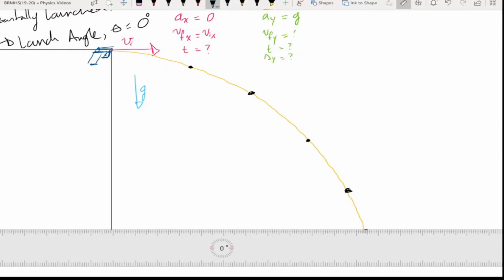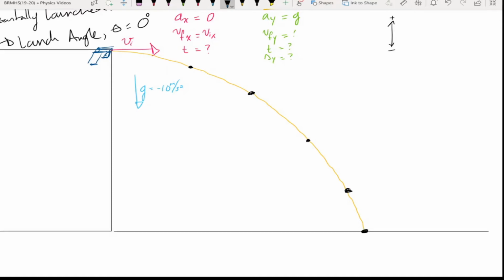And let's call, in this case, up the positive direction and down the negative direction. So that means g is going to be, for our problem solving, minus 10, or 9.8 if we're in the lab, meters per second squared. Okay, so that light blue vector, that's the acceleration vector. I'm going to draw velocity vectors on each black dot representing the position of the projectile.